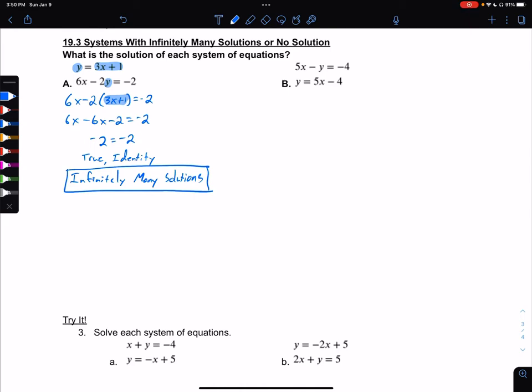And what you'll see, so we could stop there. That would be our solution. But the reason for that, right, equation 1, so we'll call this E1, is y equals 3x plus 1.